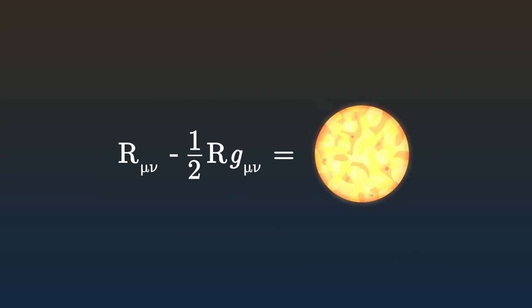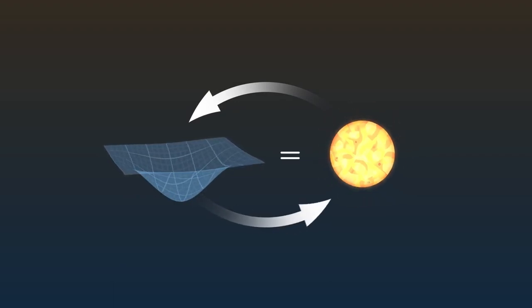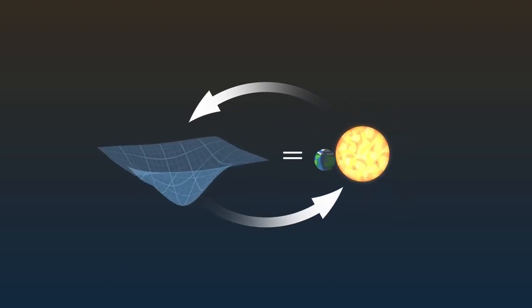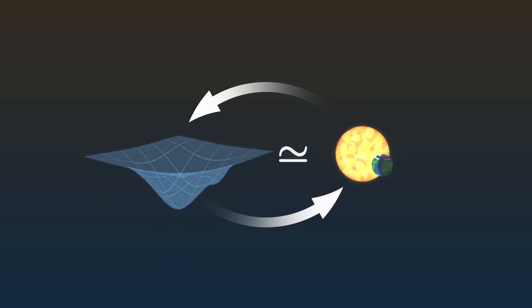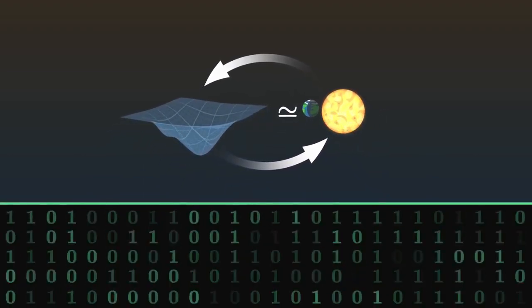The content of the universe tells space-time how to bend, but conversely, the curvature of space-time dictates how objects move. Solving such an intricate problem on paper is almost impossible. In most cases, it is necessary to make approximations and computer simulations to solve such problems.